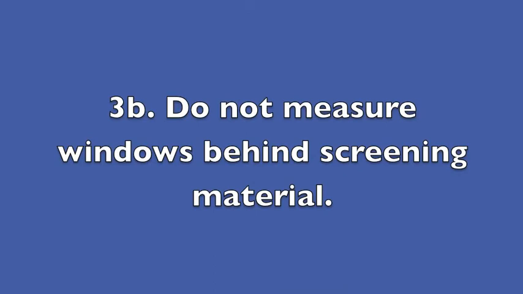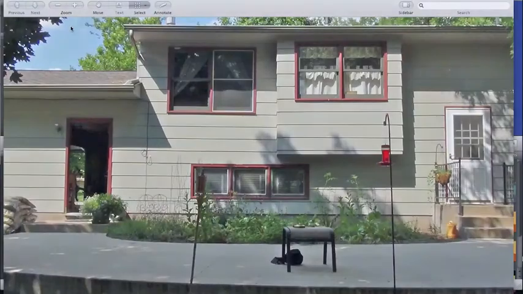Second exception is do not measure windows behind screening material. On this house here you can see there is screening material over these windows, screening material over the windows of the door, and we wouldn't want to include in our window area estimates for this building measurements for those windows behind the screening material.